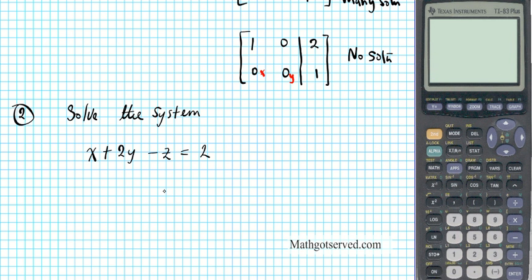This is like a typical algebra 2 or pre-calc problem. And then 2x plus 2y plus 2z equals 12, and x minus y plus 2z equals 5. Alright, so I want to solve this system.